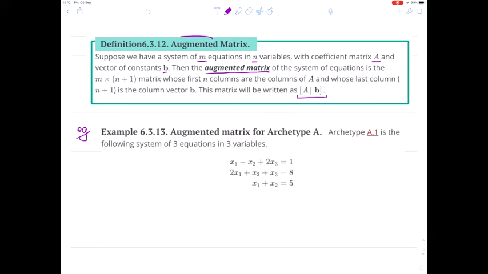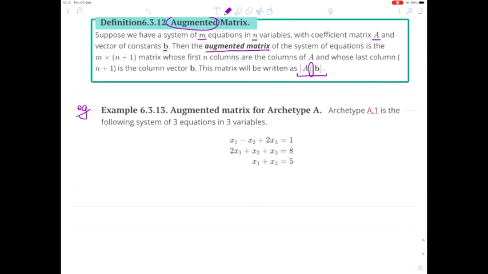Remember, augmented means extended. We might use this line here to show that we have appended our B column vector onto A.